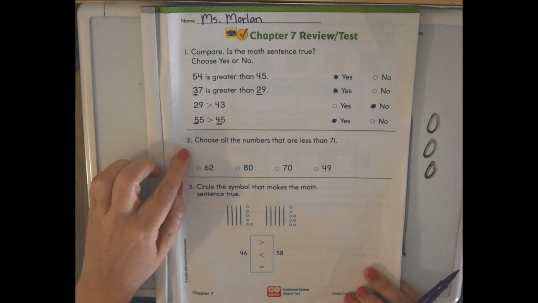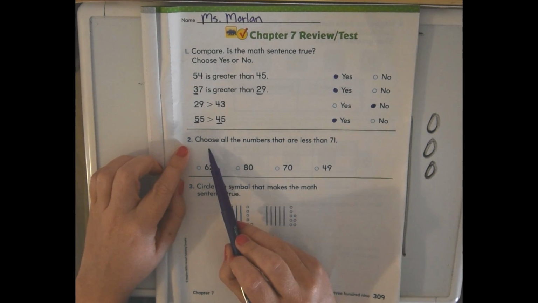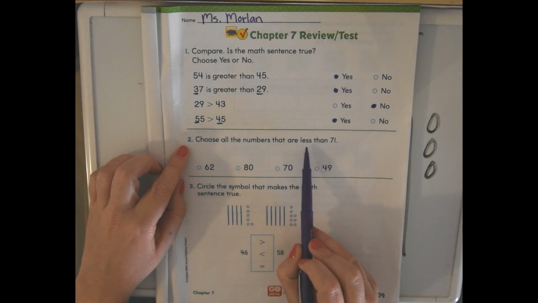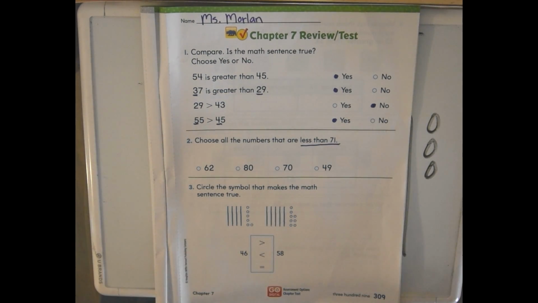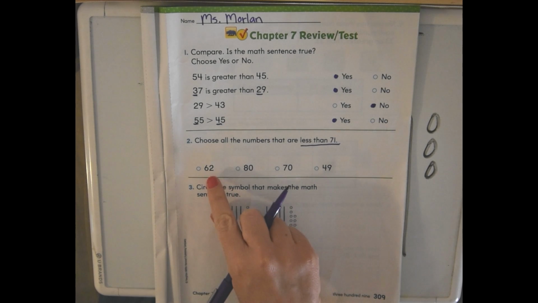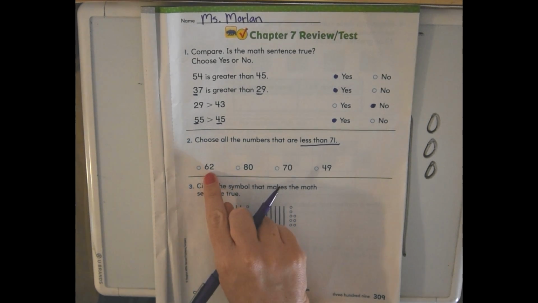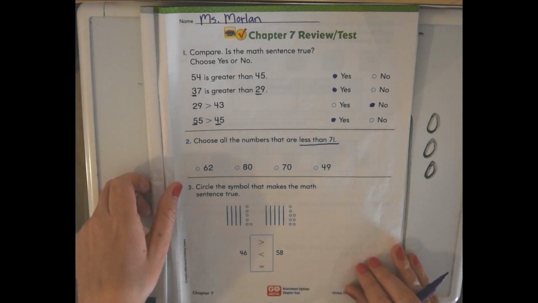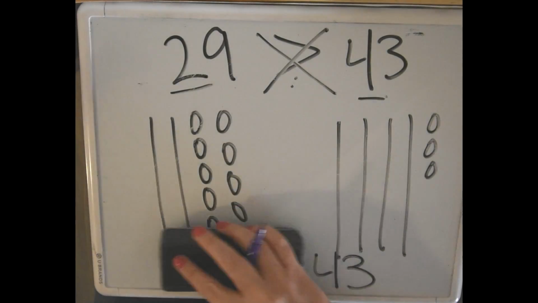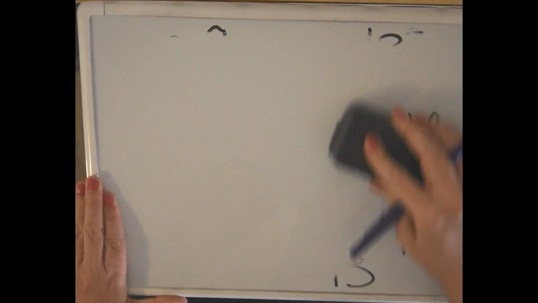All right, let's move on to number 2. We're going to choose all the numbers that are less than 71. How you're going to do it, you're going to say the number that is here, and you're going to see, is it less than 71? So I'm going to write it out just so you can understand how you would say it to yourself.